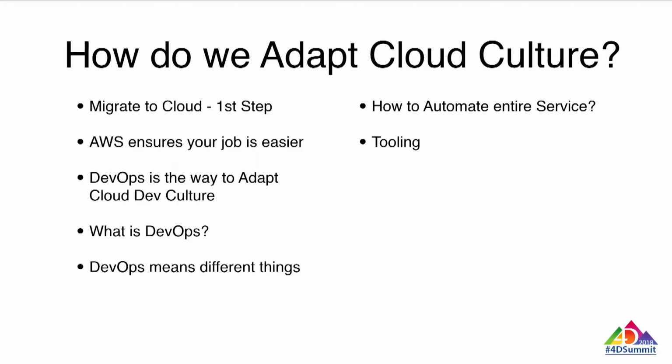That's my next topic. It's all about adapting that culture, that change, because when you move to cloud, things are going to be different. The way of working. For example, you're building a 40 application, and you're making lots of changes. Your customers are asking for new features all the time. How do you release?